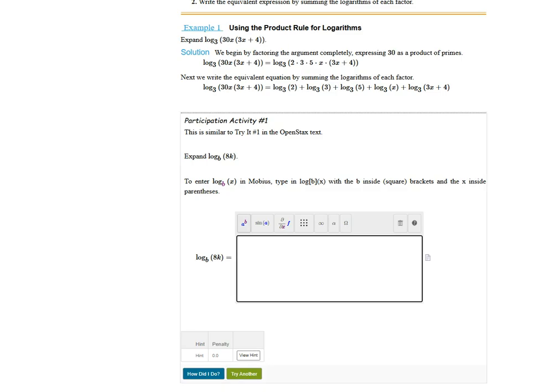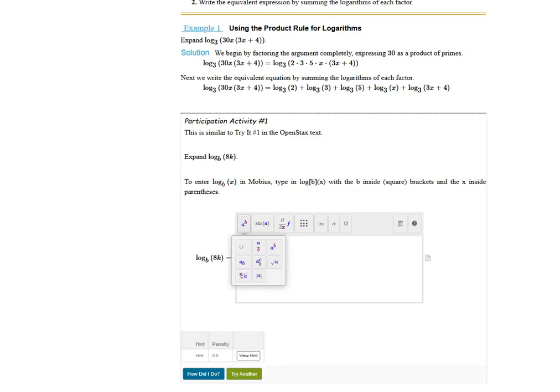Anyway, when I go back to Mobius, I'm going to click on the a to the b power, and this one says a sub b. So I'm going to type in log, and then my lowercase b, I'm going to scroll over. Actually, they have the letter b. Will that stay in there, or do I have to retype it? Maybe I have to retype it, just to be safe.